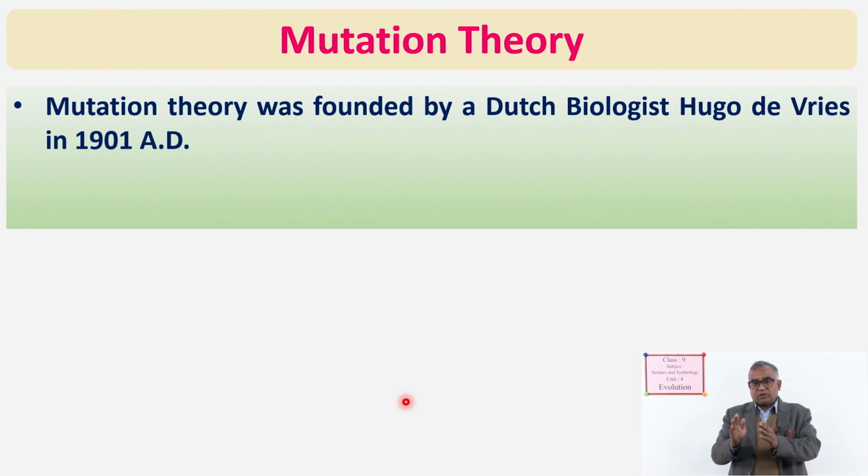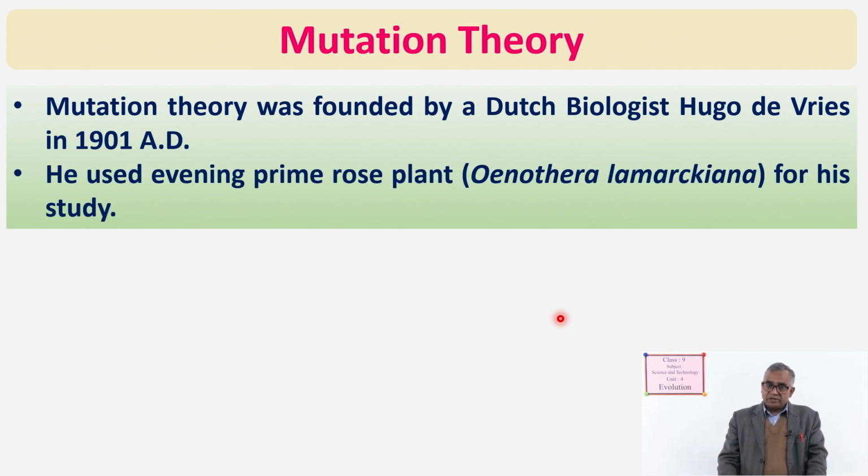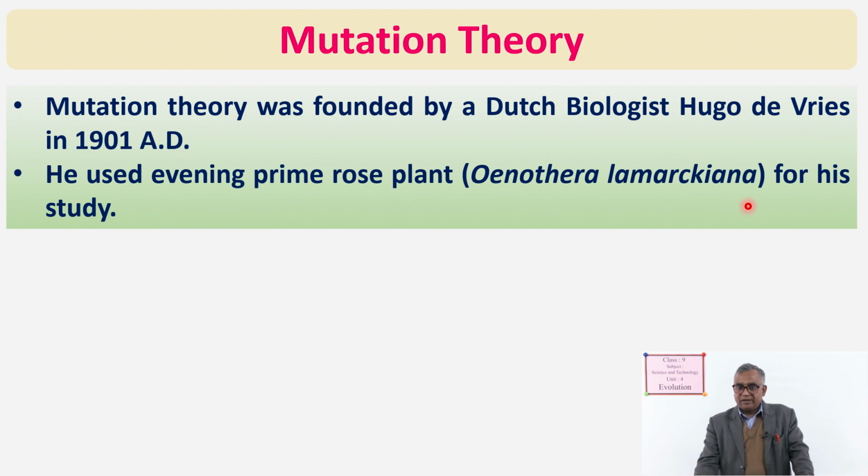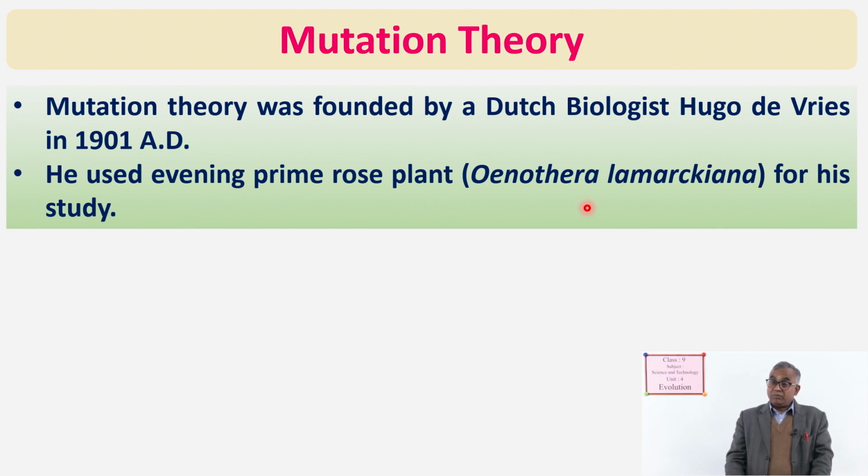Evolution is also done by mutation. The Dutch biologist Hugo de Vries founded this theory, and for his study he used a plant, the evening primrose, whose botanical name is Oenothera lamarckiana.